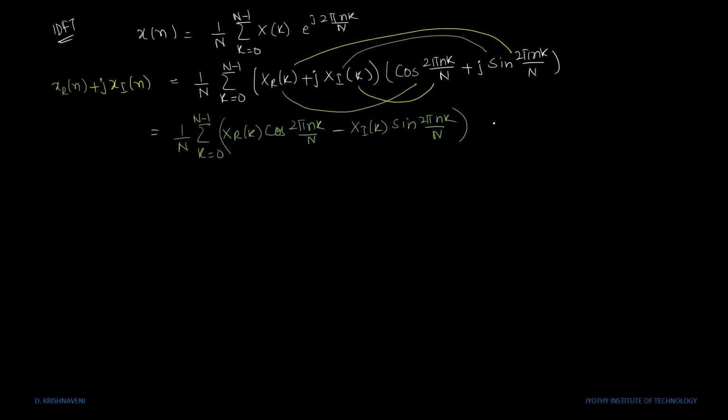So plus 1 by n summation k equal to 0 to n minus 1, I'm multiplying xr of k with sin and xi of k with cos. So xi of k with cos and xr of k with sin 2 pi nk by n.